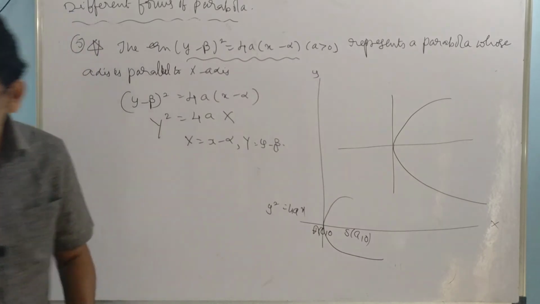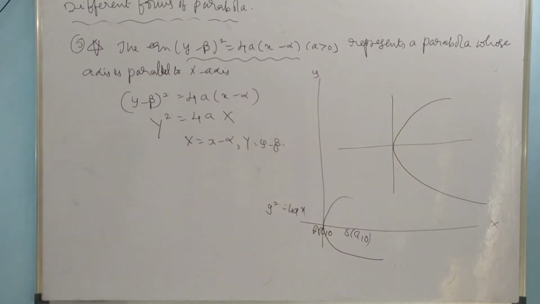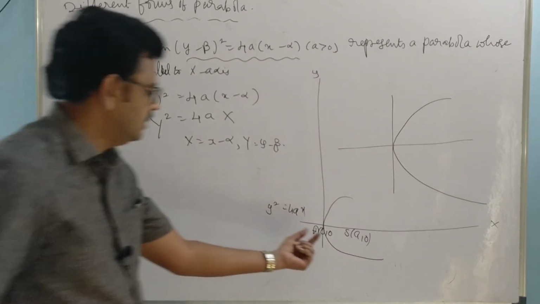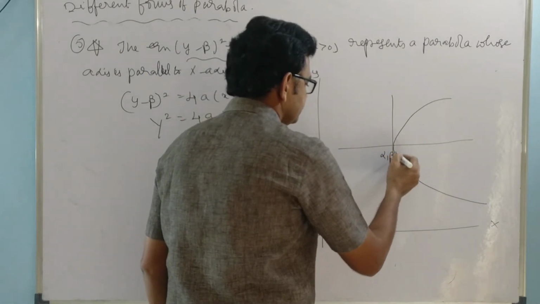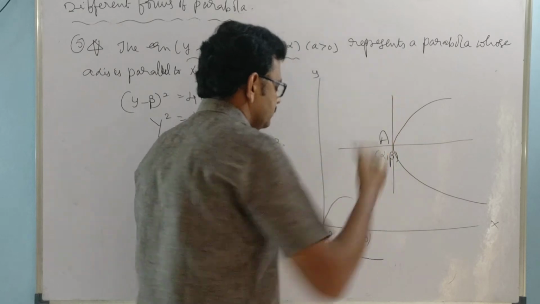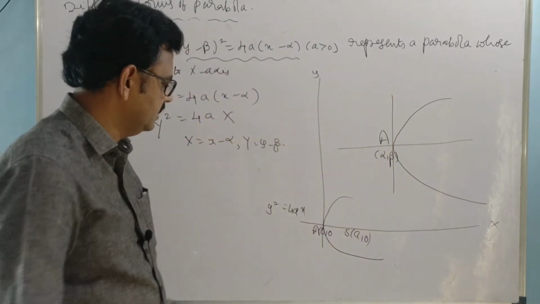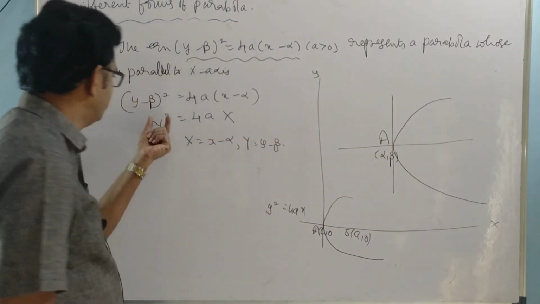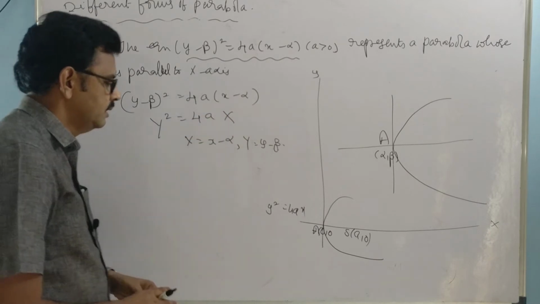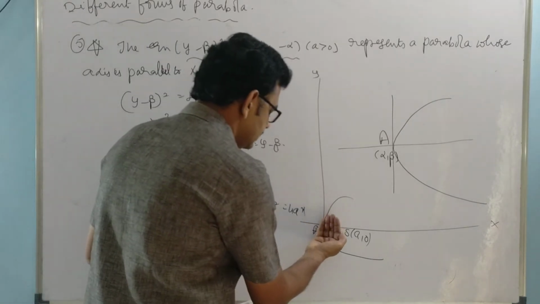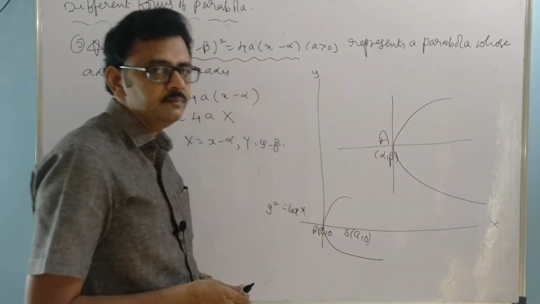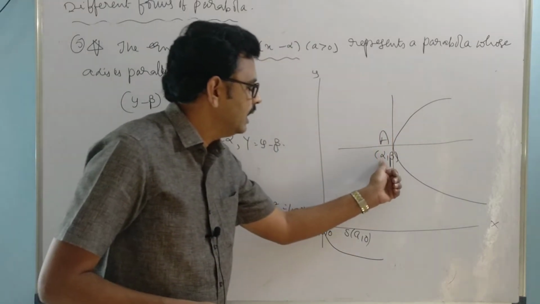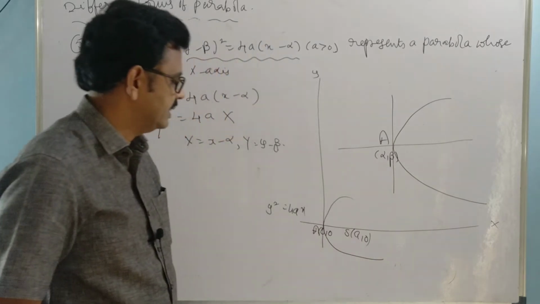Without changing the direction of axis, shift the origin to alpha comma beta. So this is the vertex, alpha comma beta.